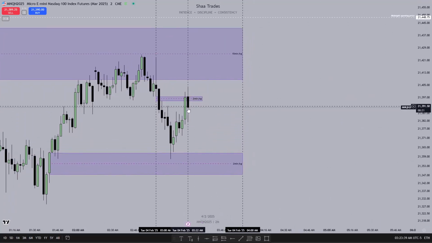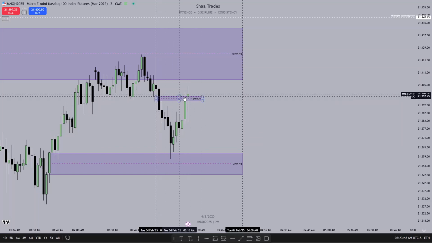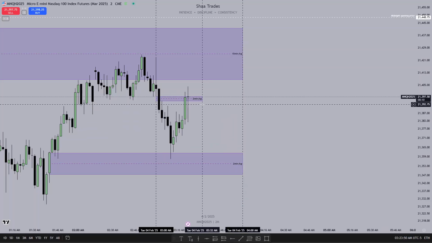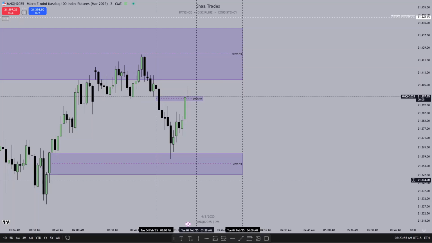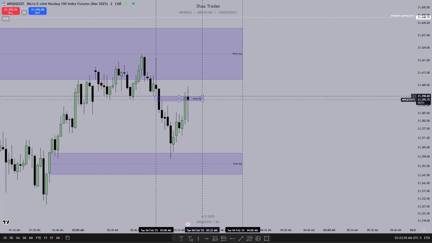As you can see, price is playing around here. Closed in that gap that was going to be there. Let's see. If price closes above it, I'm actually going to take a buy setup. Just see how it closes over here first.